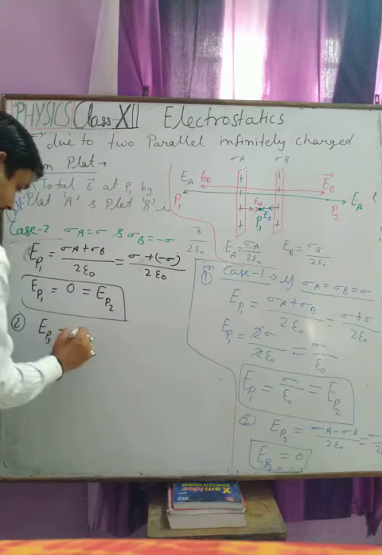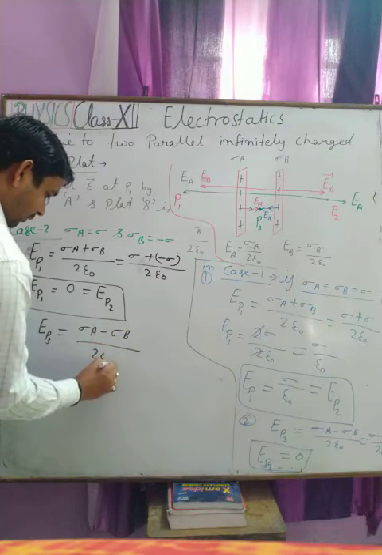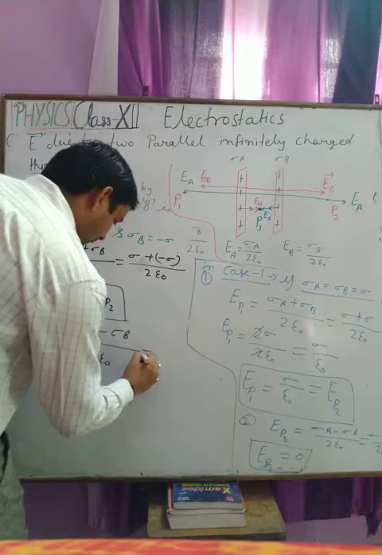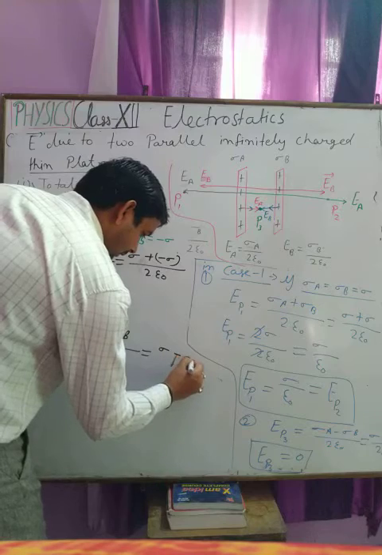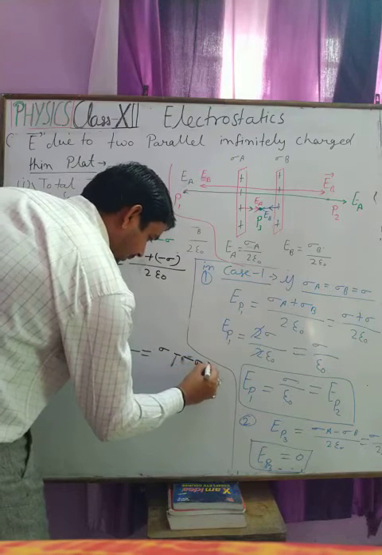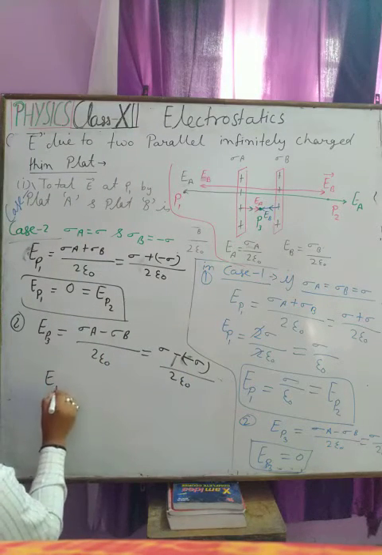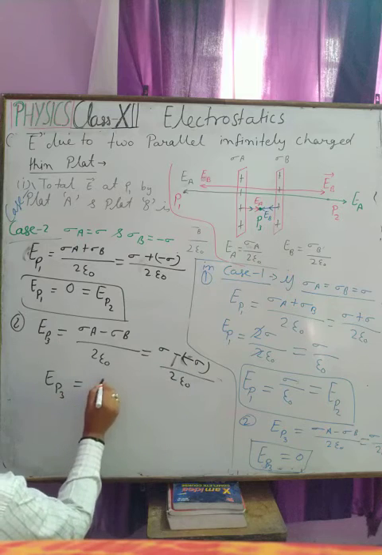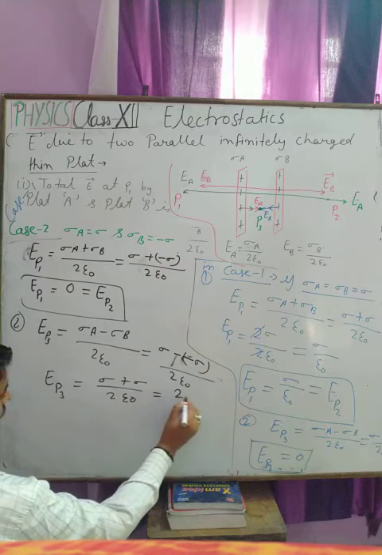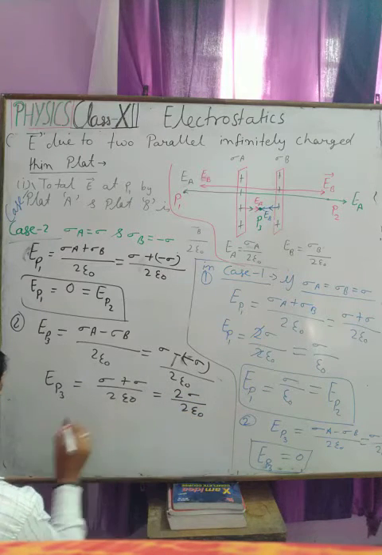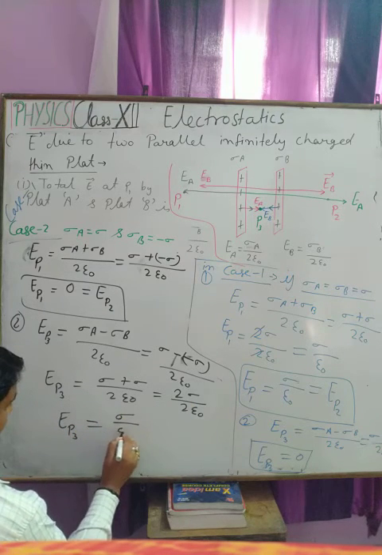E_P3 is sigma A minus sigma B upon 2 epsilon naught. When we put these values of sigma, we get sigma plus sigma upon 2 epsilon naught, that is 2 sigma upon 2 epsilon naught, and for E_P3 we get sigma upon epsilon naught.